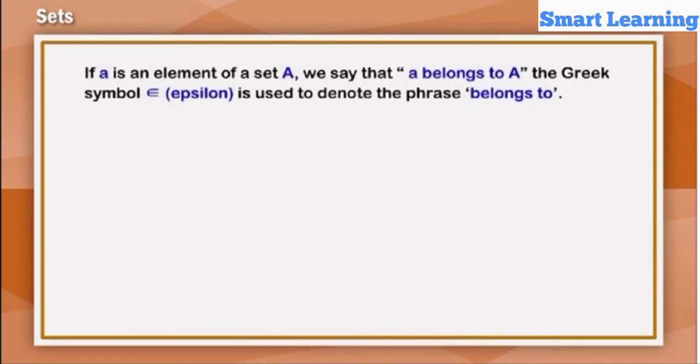If a is an element of a set A, we say that a belongs to A. The Greek symbol epsilon is used to denote the phrase belongs to.